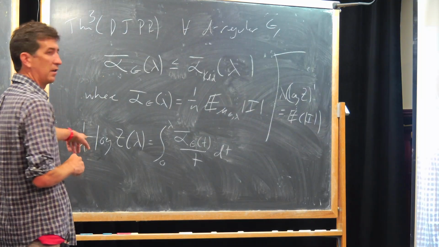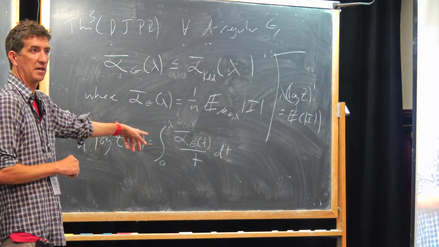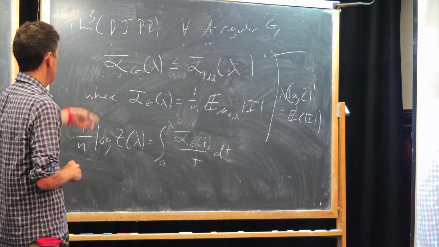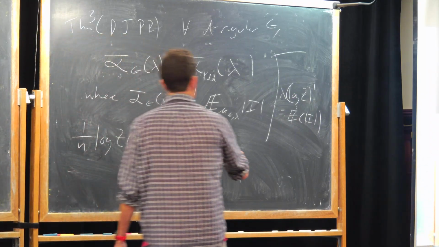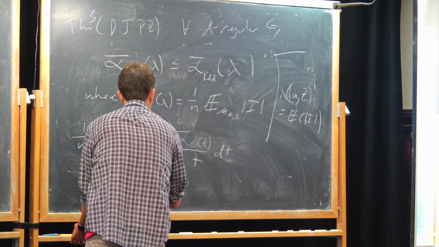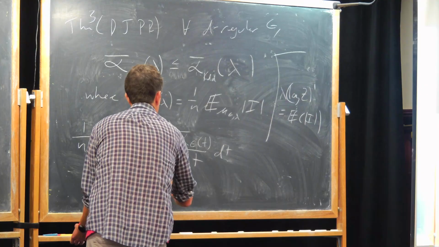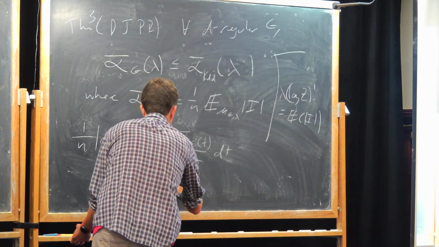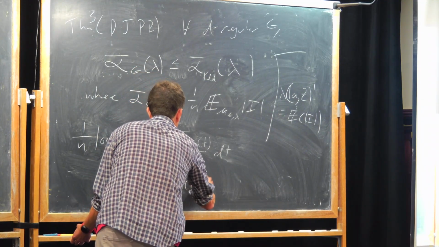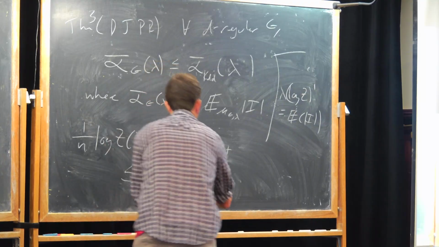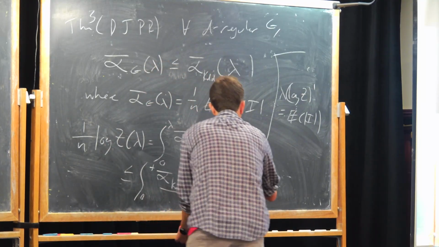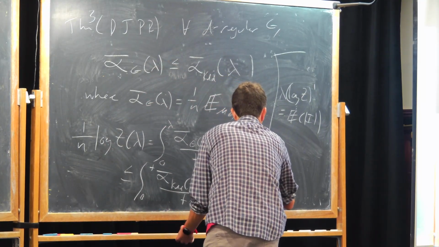To get the log partition function, you integrate the occupancy fraction from 0 up to lambda. But this is at most the integral from 0 to lambda of alpha bar K_{d,d} of t over t, which is 1 over 2d log.